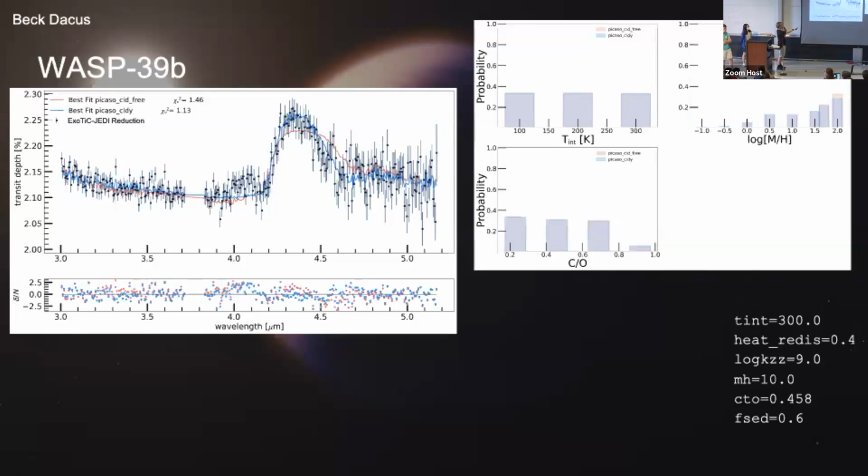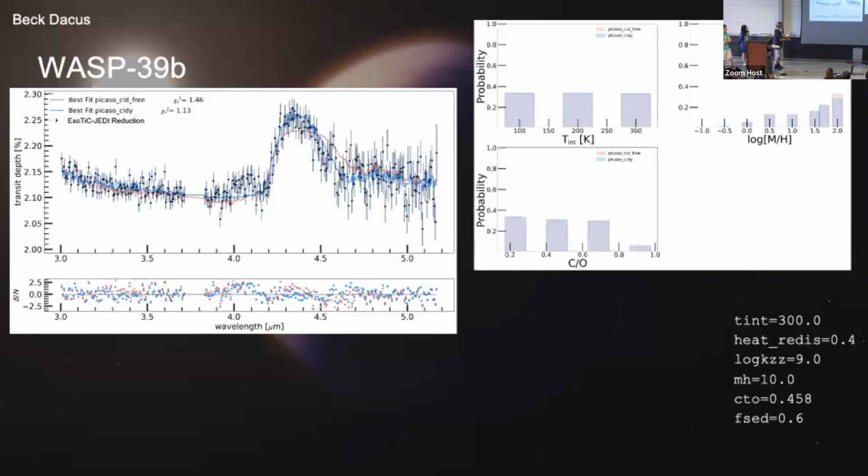It's also fairly agnostic to metallicity here on the bottom, even though it disfavors things close to and presumably over 1 for the carbon to oxygen ratio. There is a bit of a preference for higher metallicities, and as you can see for our best fit parameters over here, it converged on a metallicity of, I believe, 10 times solar for this particular reduction.